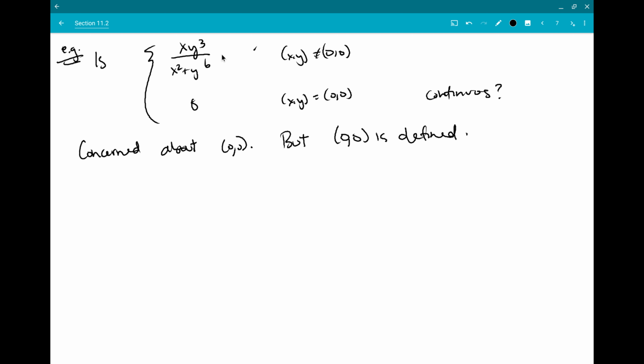If I look at this piecewise function and I'm trying to evaluate at the origin, I would say, oh, it's 0. And I just want to make sure that if I'm heading towards 0, 0 using my other definition of the piecewise function, that I would get the same value as f of 0, 0 by the definition.